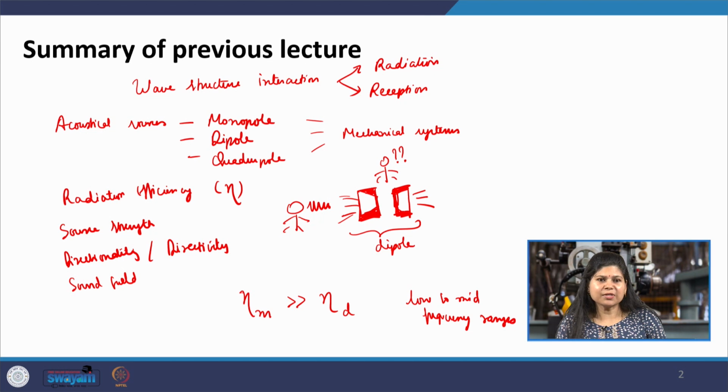But at the same time, if you place the same speaker against a rigid backing, either against a rigid wall or enclosed in a rigid box, suddenly it becomes a monopole and the sound pressure emitted from the speaker amplifies in magnitude.